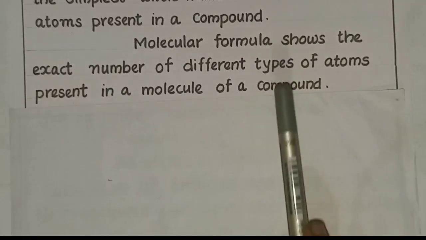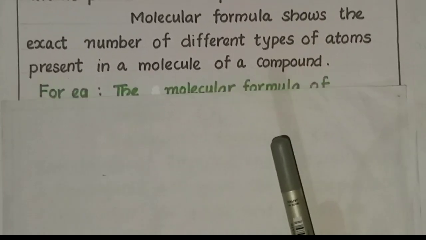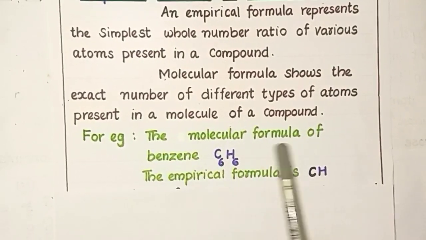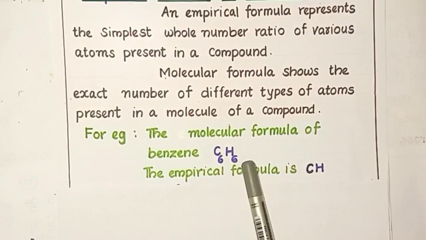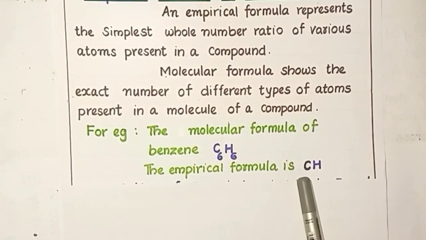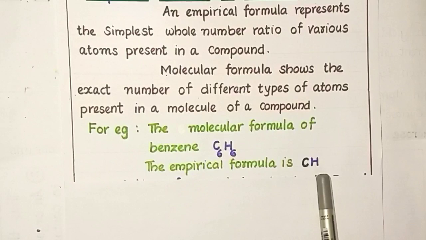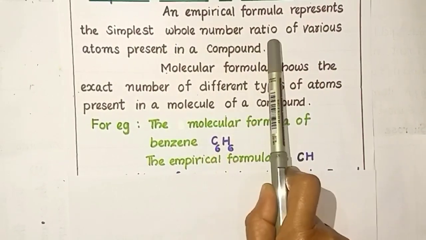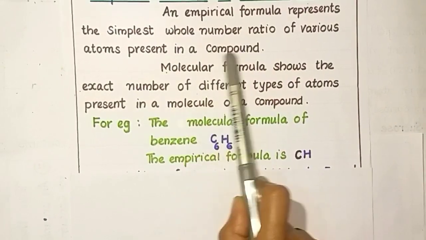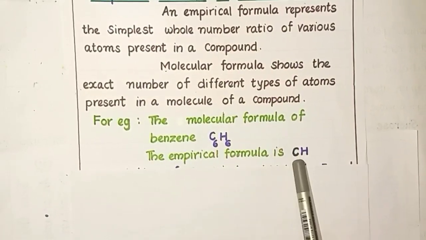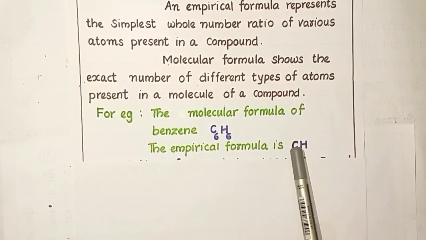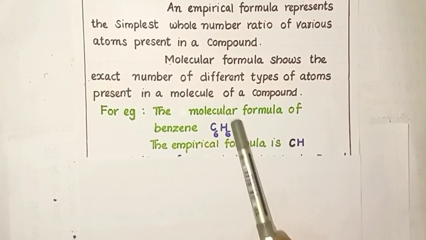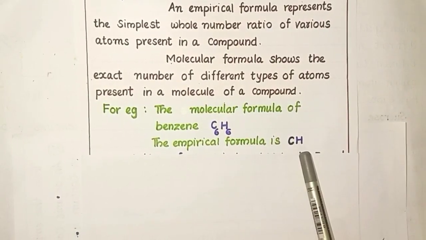These two terms we can explain with the help of an example. For example, the molecular formula of benzene is C6H6, but its empirical formula is only CH. This means the empirical formula represents the simplest whole number ratio of various atoms present in a compound. The atoms are carbon and hydrogen, and the simplest ratio is 1:1. So this is the empirical formula.